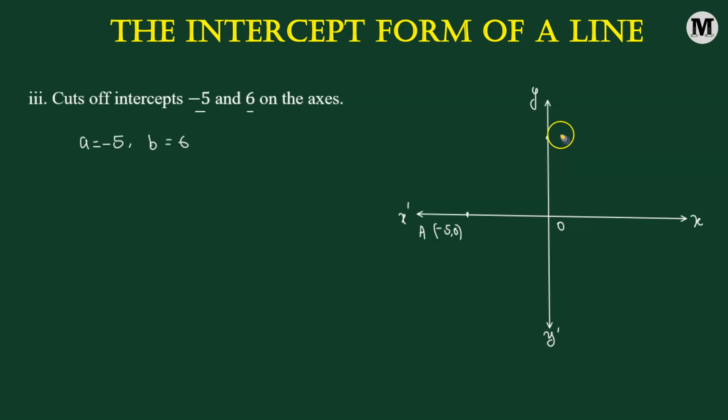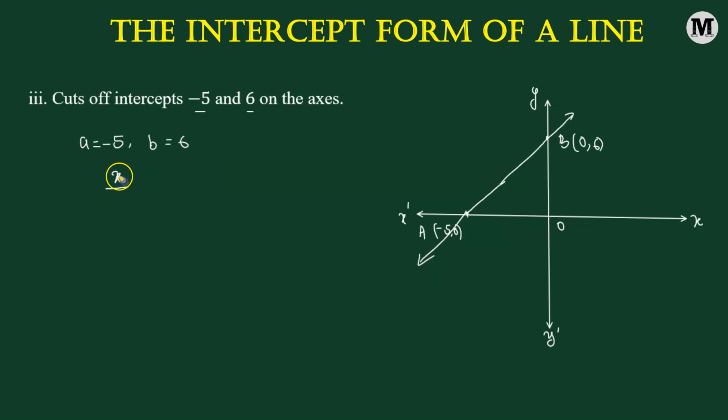Let's say this is the point B, and it has the coordinates (0, 6). This simply means that the point B lies along the positive direction of the y-axis at a distance of 6 units above the origin O. Okay, we're going to join these two points, and that's going to give us a straight line, and our goal will be to determine the equation of this line.